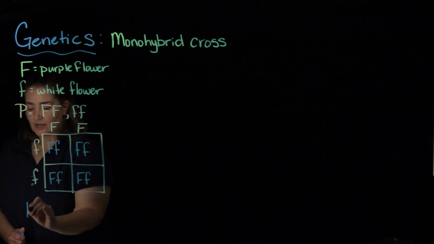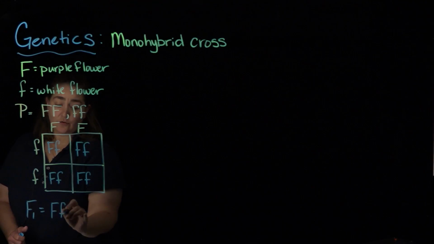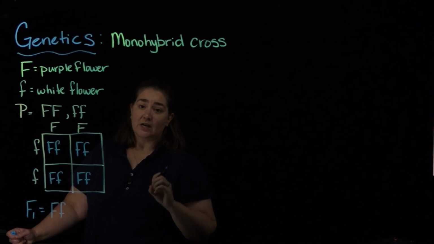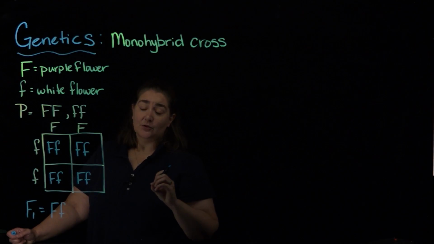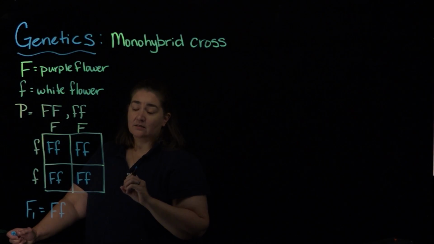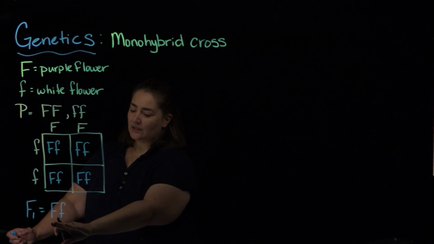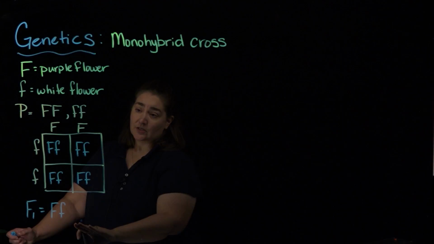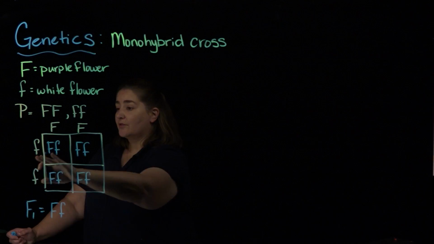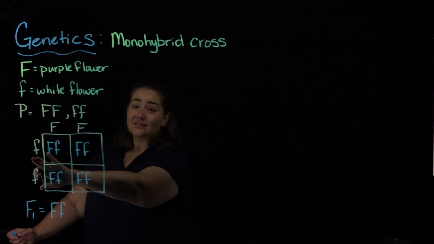Okay? So our F1 generation, in this case, is going to be very uniform. And that's because both parents were homozygous for the particular trait that we were tracking. Okay? So when we have both parents being homozygous, our offspring are going to be all heterozygous. So they will get one dominant allele from one parent, the father, one dominant allele from the mom, or I'm sorry, one recessive allele from the mom.